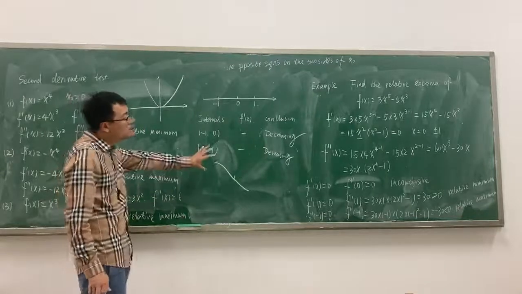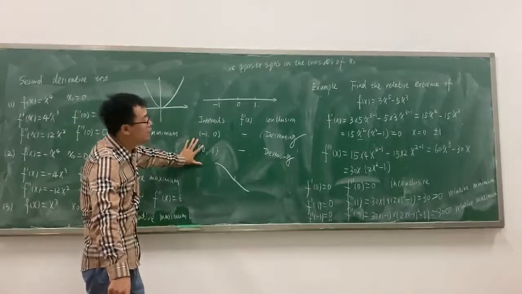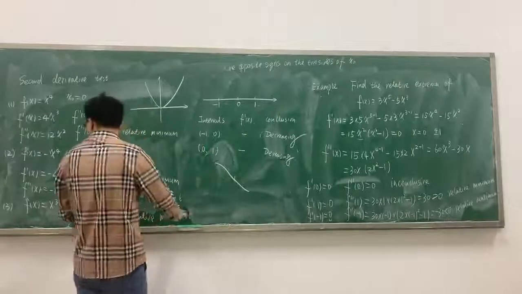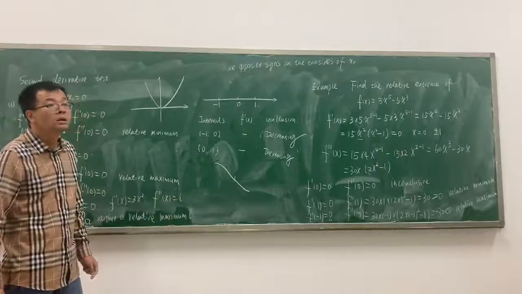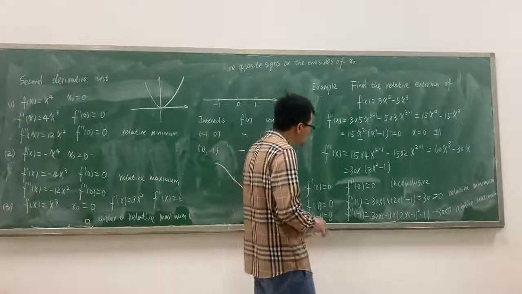So in this example we used the first derivative test and then the second derivative test, okay? Here is a relative minimum at 30 and a relative maximum at minus 30.